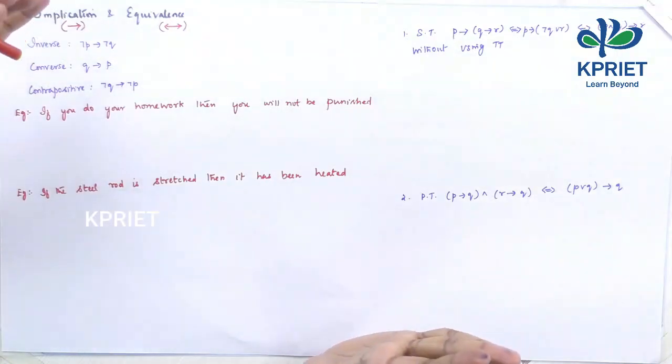Suppose a conditional statement is given to us and we are supposed to find its inverse, we can do it. What is the converse? We can do it. What is the contrapositive? Again we can do it. So one must be thorough with all the basic logical laws.